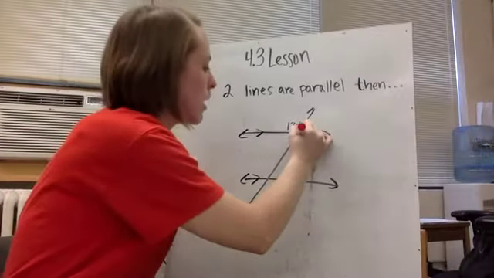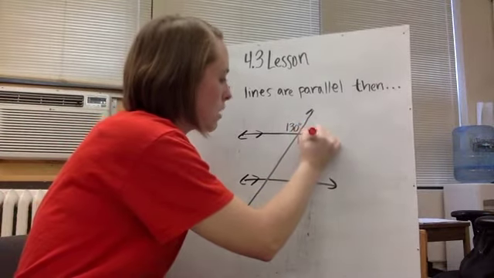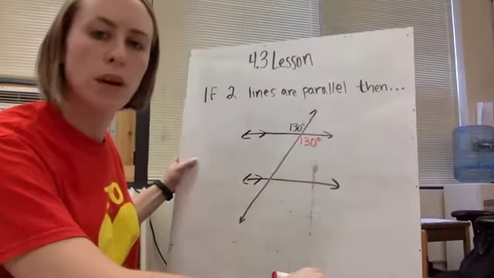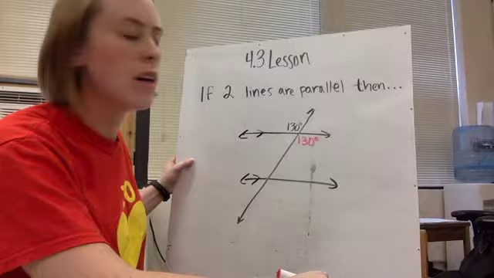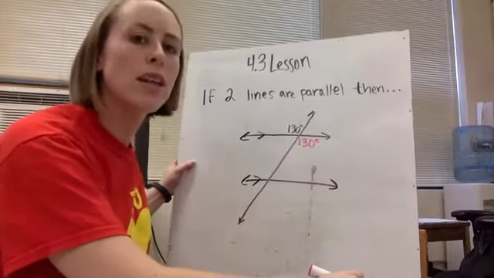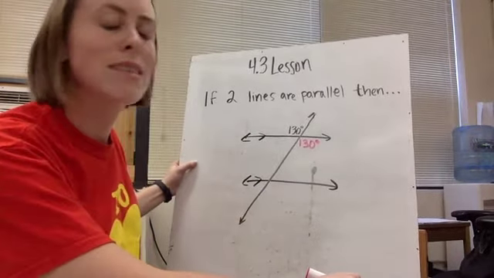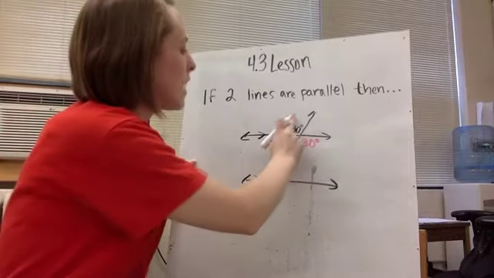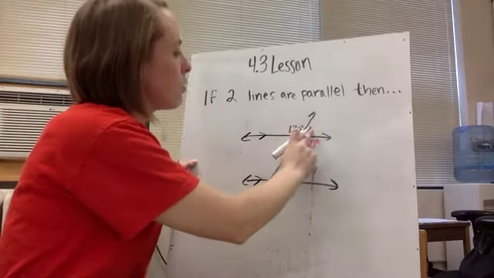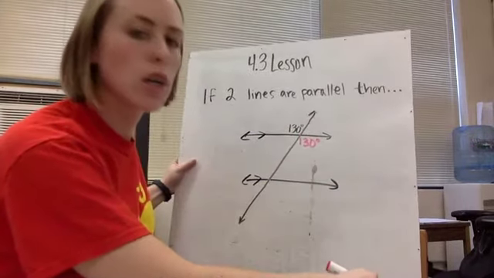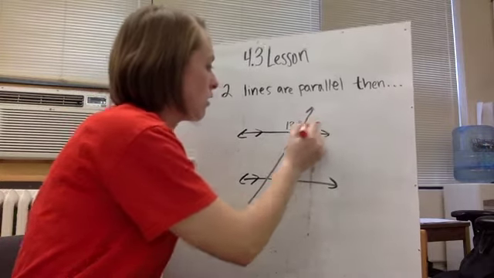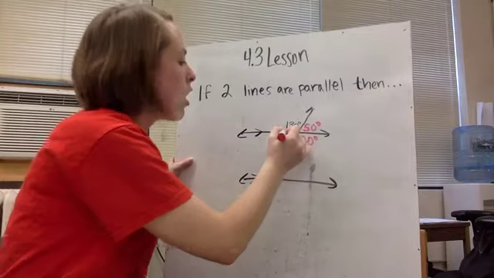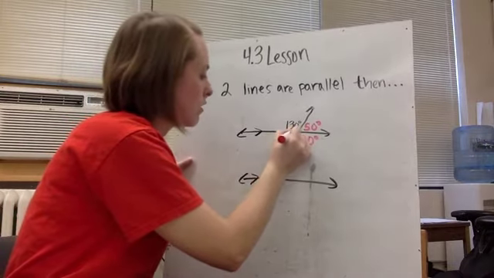These are vertical angles, so that also has to be 130 degrees. I know the one adjacent to it is a linear pair, which means they're supplementary. So 180 is the total, and 180 minus 130 is 50 degrees. So this one has to be 50 degrees, which means its vertical angle also has to be 50 degrees.